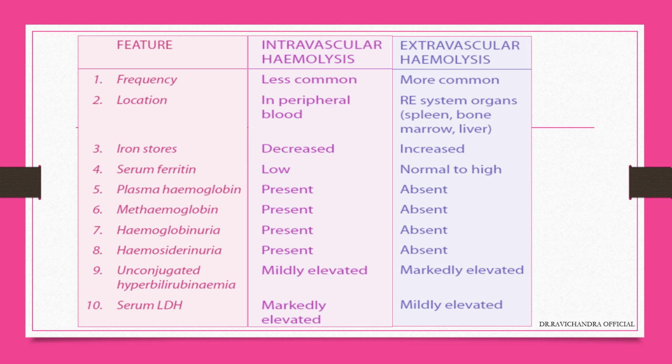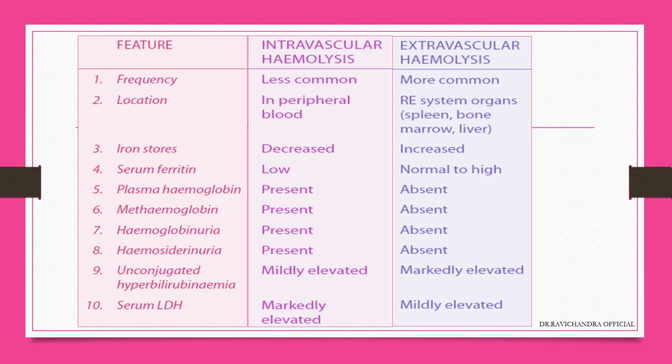Plasma hemoglobin, methemoglobin, hemoglobinuria and hemosideronuria are present in intravascular hemolysis, and they are the characteristic features. Whereas methemoglobin, hemoglobinuria, plasma hemoglobin and hemosideronuria are absent in extravascular hemolysis.